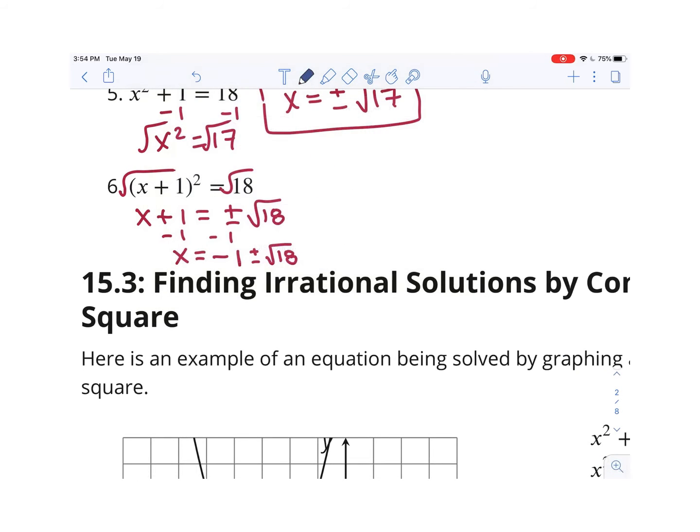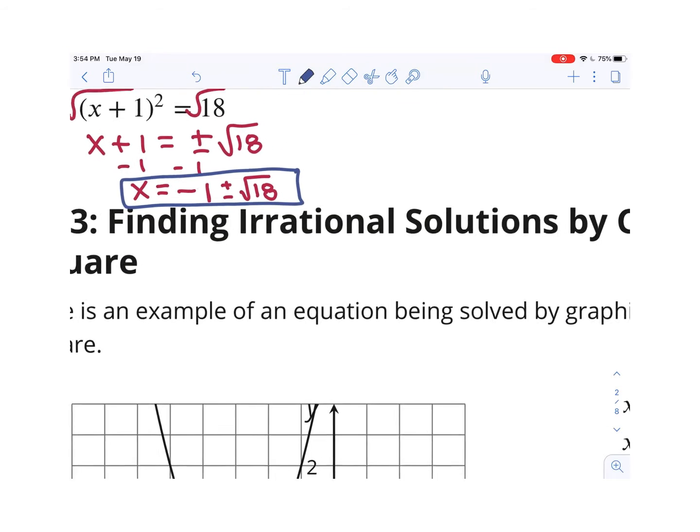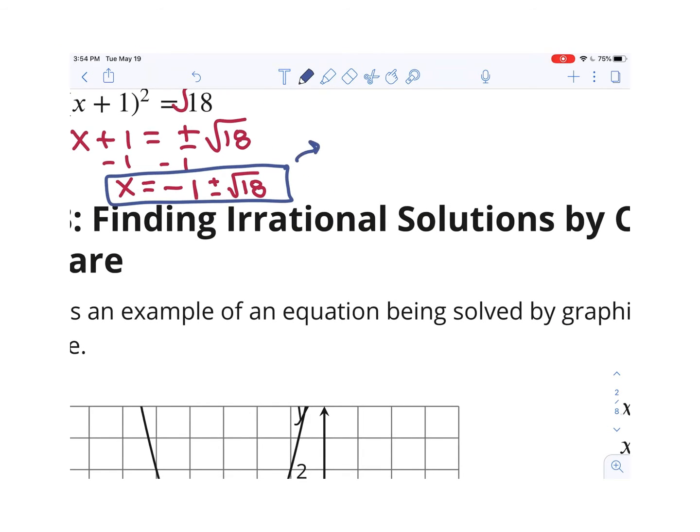And what this solution means, or what this represents when you see it written this way, is that I have two possible solutions for x. X could equal negative 1 plus the square root of 18, or x could equal negative 1 minus the square root of 18. And those are my two different solutions.